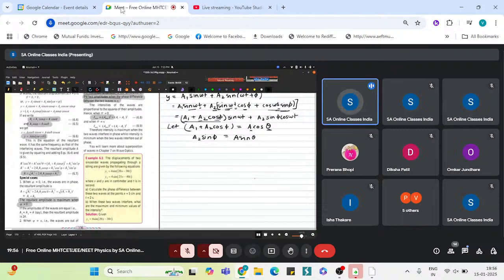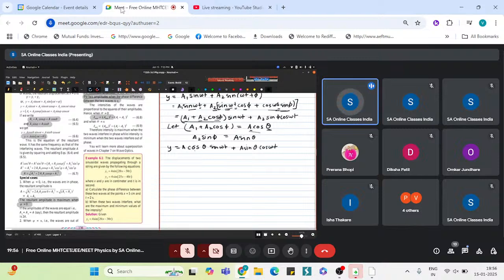Then we can write this equation of y. This is exactly the same set of steps that we followed in the last chapter's derivation, so you can also revisit that derivation. This term will be replaced by A cos theta sin omega t plus A sin theta cos omega t.